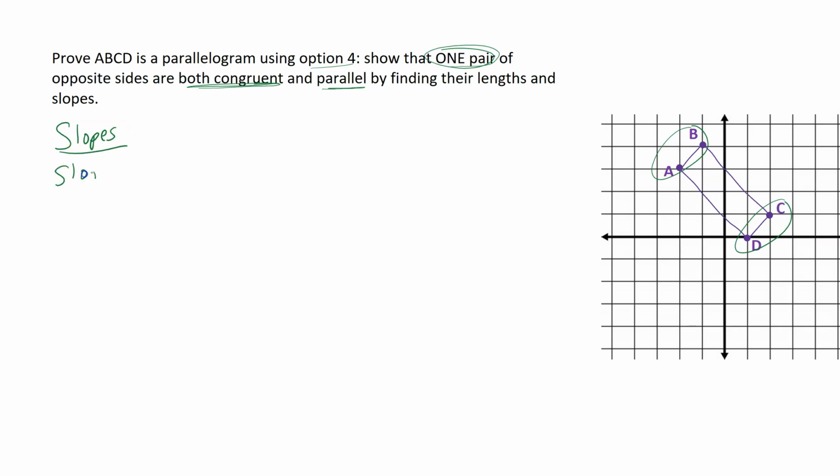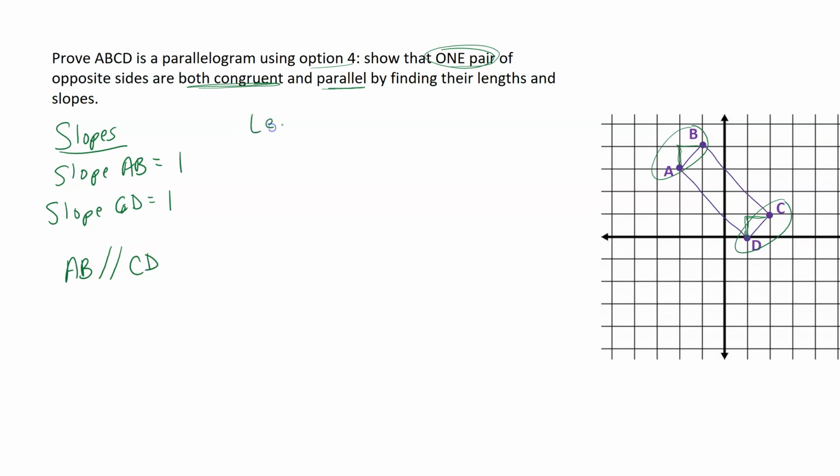So the slope of AB and the slope of CD. And I'm just going to do rise over run. So rise 1, run 1, and that's a positive slope of 1. For CD, rise 1, run 1, positive slope of 1. So this tells me that AB is parallel to CD.